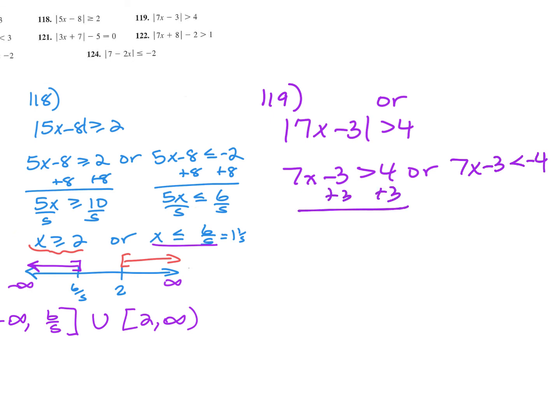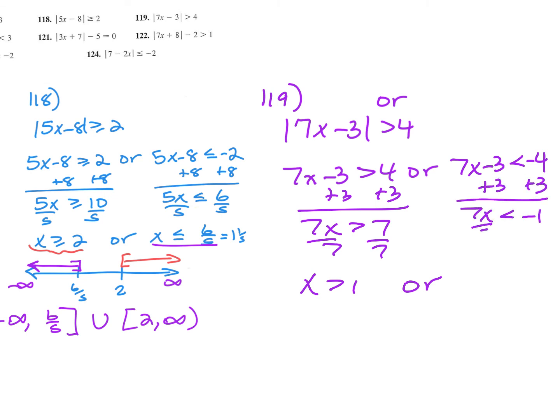Solve each one. Divide by 7. X is greater than 1, or 7x less than negative 1. Divide. X is less than negative 1/7.